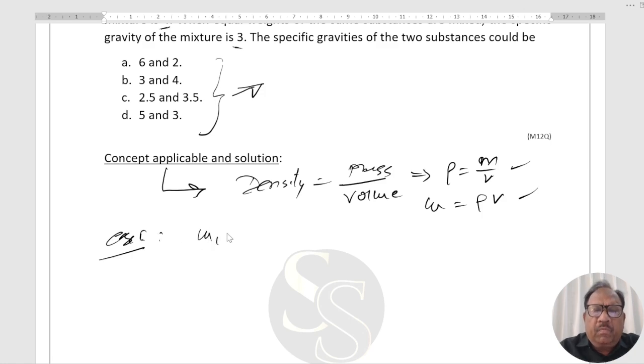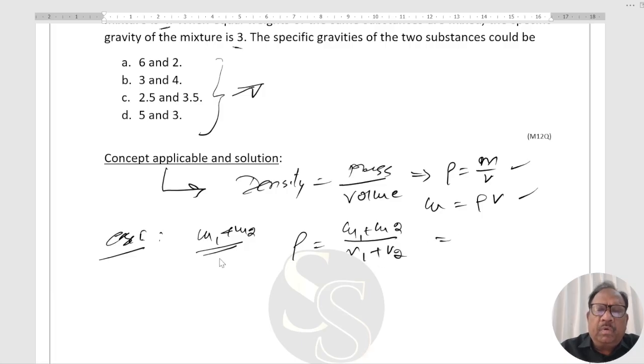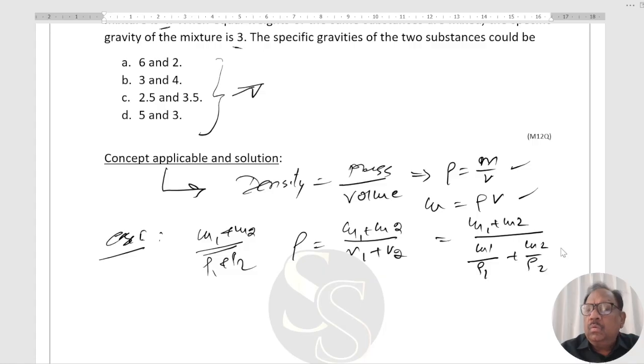Suppose there are two masses m1 and m2. Density equal to total mass m1 plus m2 divided by v1 plus v2, with densities rho 1 and rho 2. m1 plus m2 divided by v1 plus v2, where v1 is m1 by rho 1 and v2 is m2 by rho 2.